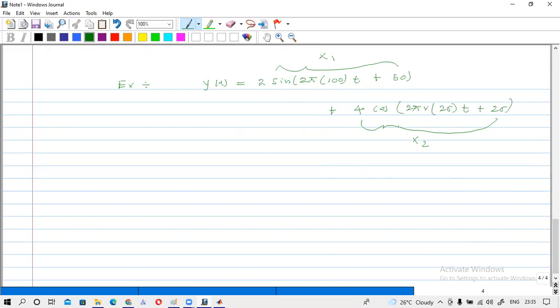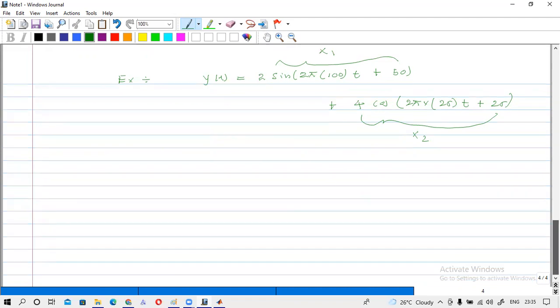So we have identified the number of terms inside this y(t) signal. Then if you consider this x1, I will write it here: x1 is equal to 2 sin(2π500t + φ). You already know the things here.